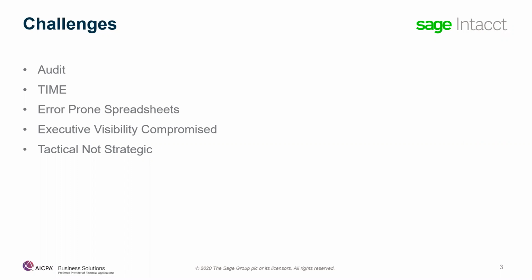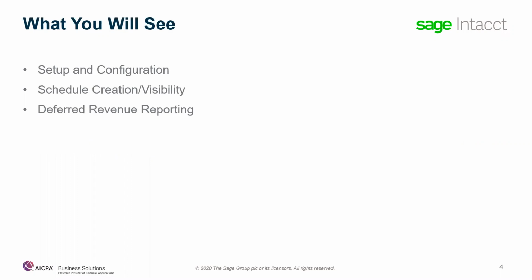So when we talked to them about our solution, we talked about the fact that not only do we have a revenue management solution, but we have two solutions. Today, what we're looking at is the more traditional way of managing revenue through order entry. However, there is a more advanced way that integrates with our contract management solution.